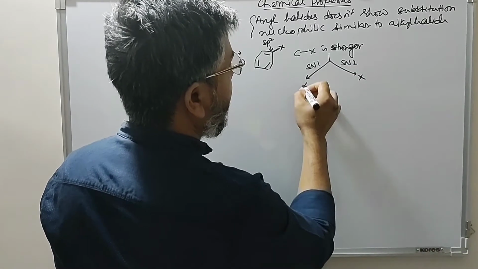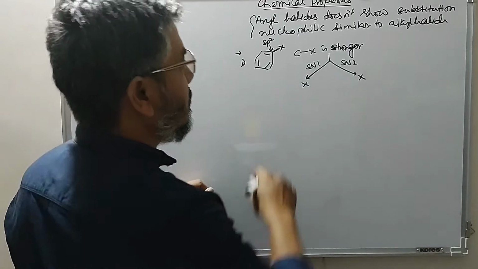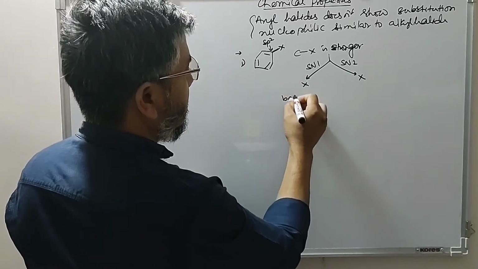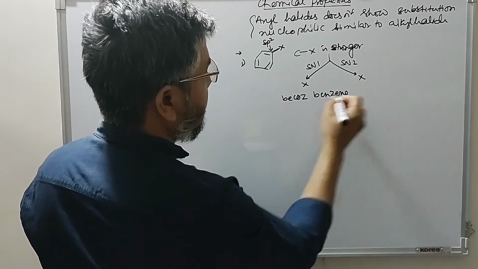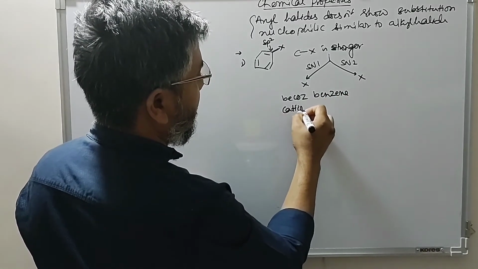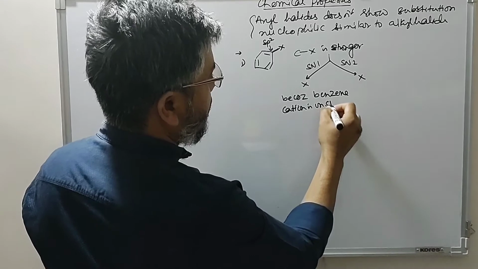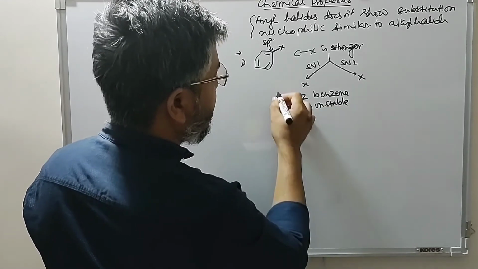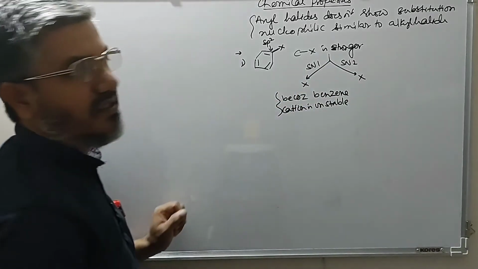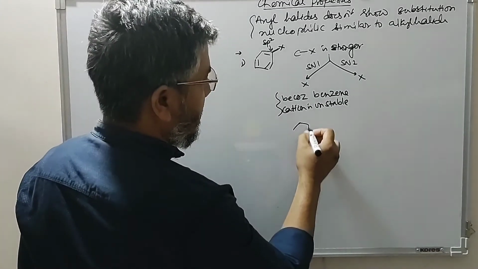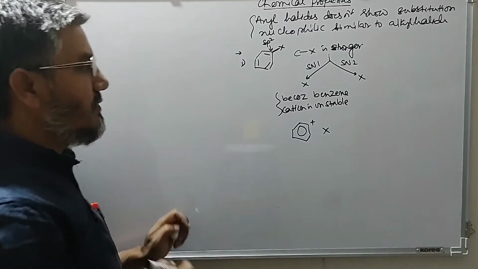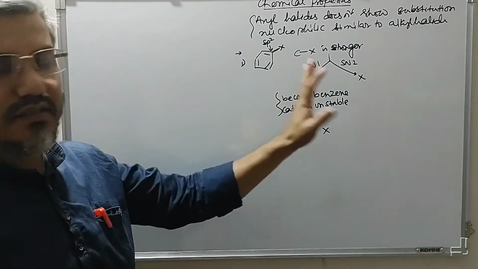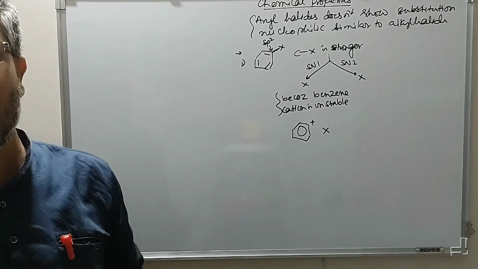No SN1 because benzene cation is unstable. So benzene cation being unstable, it does not form. So if this does not form, then the reaction cannot take place via SN1.